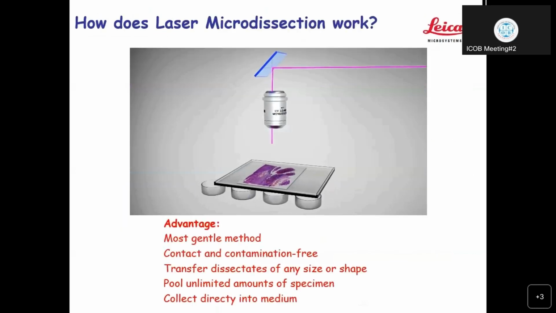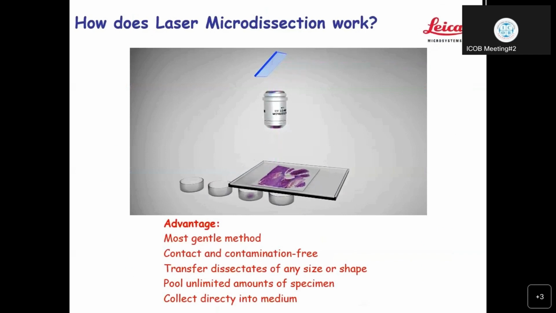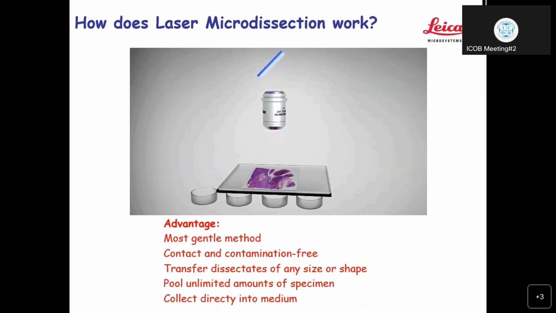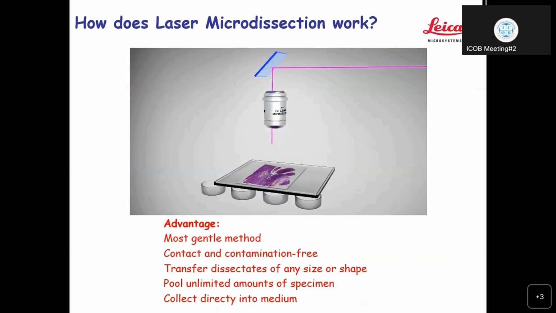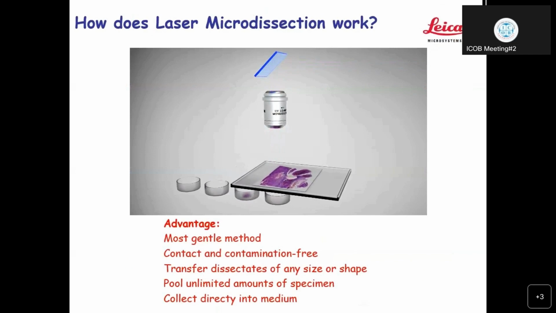This video shows how the laser microdissection works. The LMD system uses an upright microscope as base stand and takes advantage of gravity to collect the dissected cells. This gravity collection is the gentlest, contact- and contamination-free method.